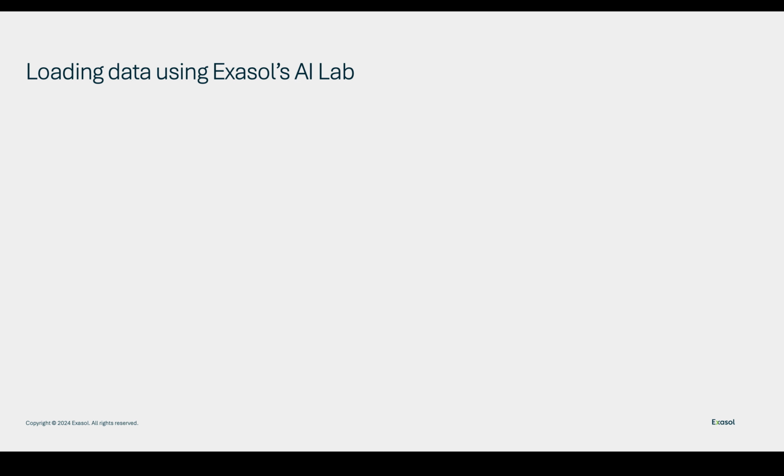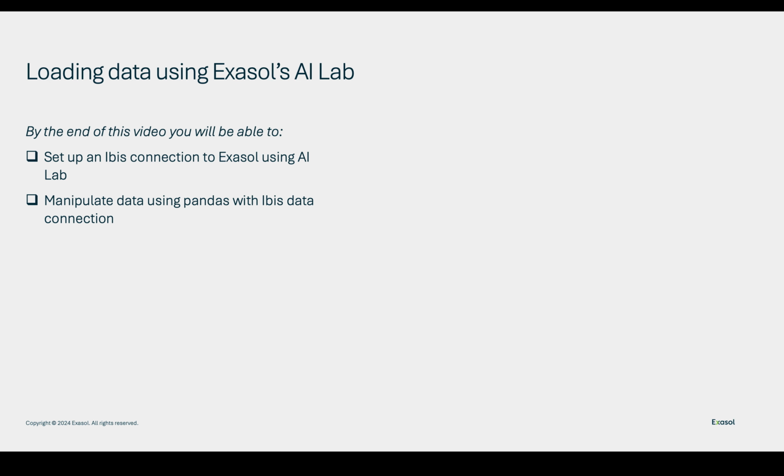So we're going to cover a couple things in this walkthrough today. First, we're going to set up an Ibis connection to Exasol using AI Lab. Then we're going to manipulate some data using pandas with the Ibis data connection powering that connection between AI Lab and Exasol. And then we're going to actually issue several queries to start interacting with that data, again, powered by the Ibis connector.